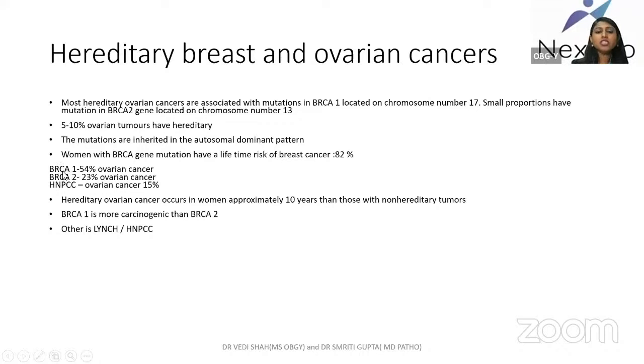Now, if you talk about the risk of ovarian cancer in such patients, we have a 54% risk associated with the BRCA1 mutation, and a 23% risk associated with the BRCA2 mutation. Next, the HNPCC gene abnormality has a lifetime risk of 15% chances of ovarian cancer. And lastly, BRCA1 is more carcinogenic compared to BRCA2.